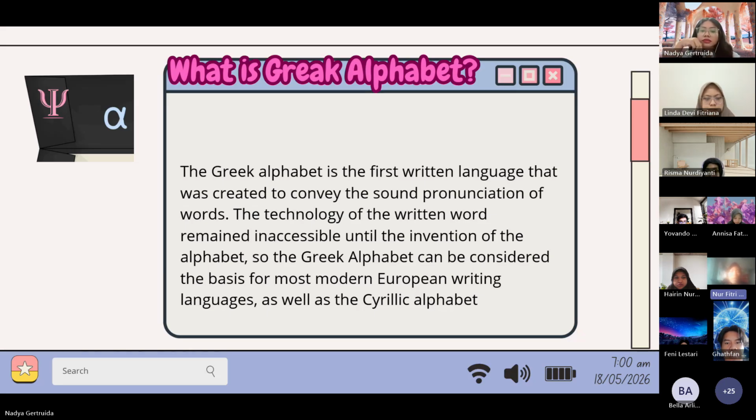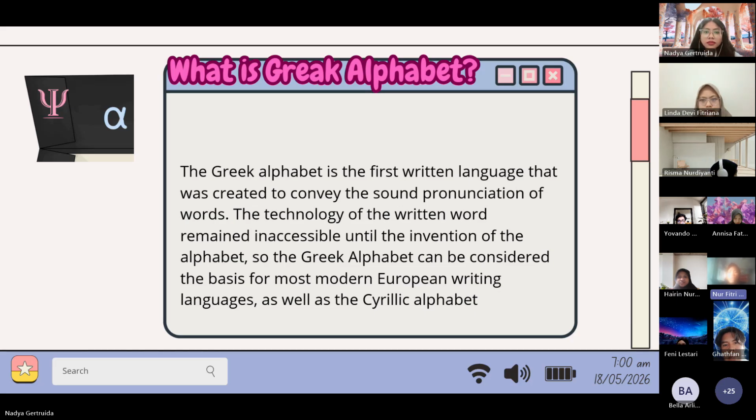Now we're going to explain what the Greek alphabet is. The Greek alphabet is the first written language that was created to convey the sound pronunciation of the word.